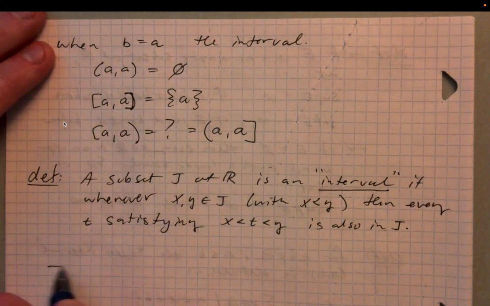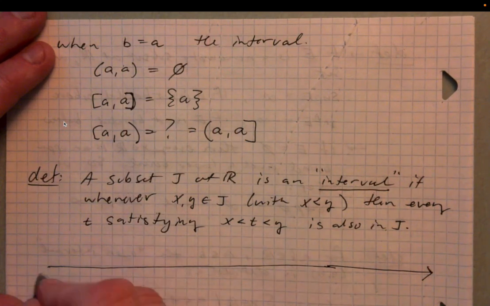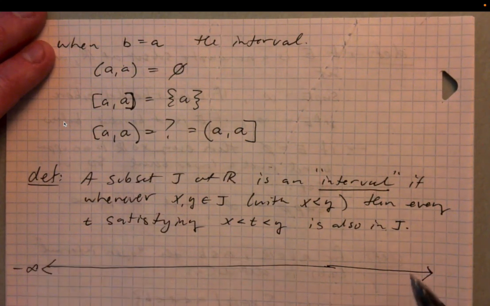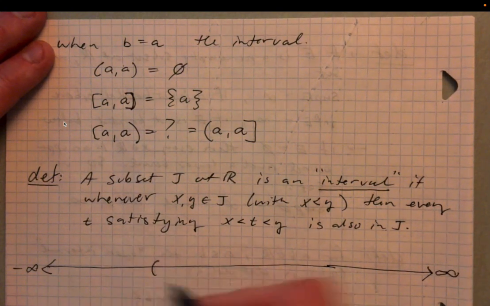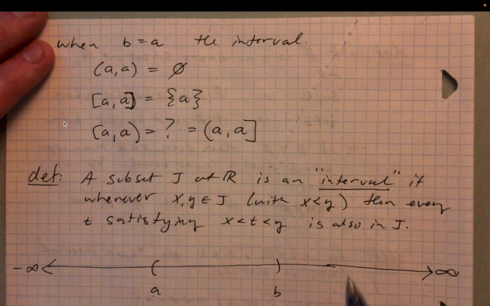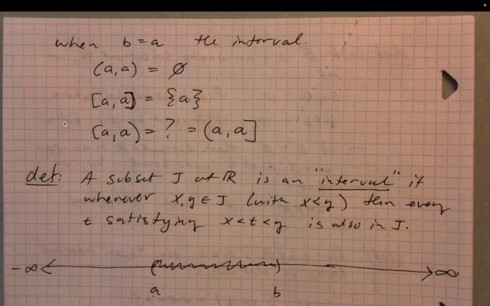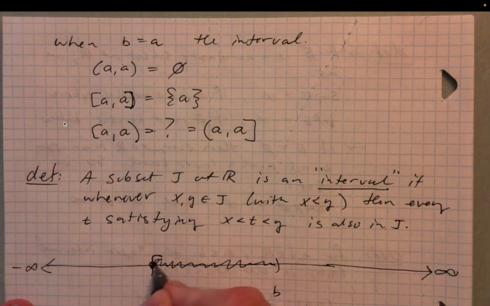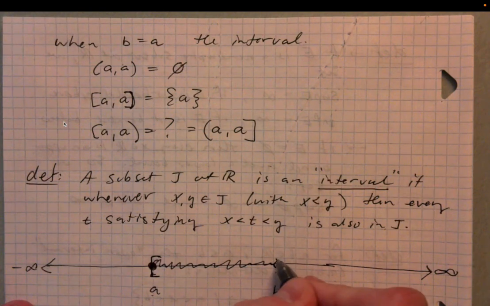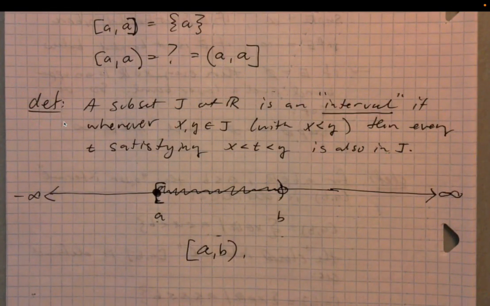Now, intuitively, we know what an interval is, right? It's really just, you think about the real number line. Down here, you've got negative infinity. Up here, you've got positive infinity. And if you've got an a and a b, then an interval is really just everything between them. It's all about whether you include the endpoint or not. These are all things that we should be familiar with.